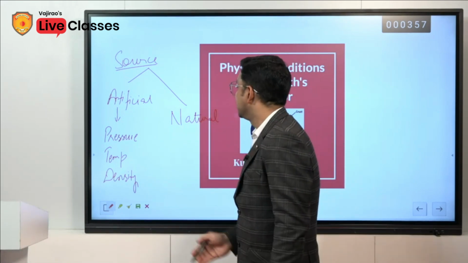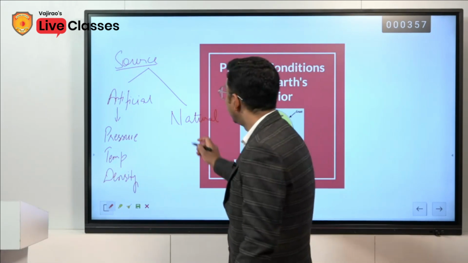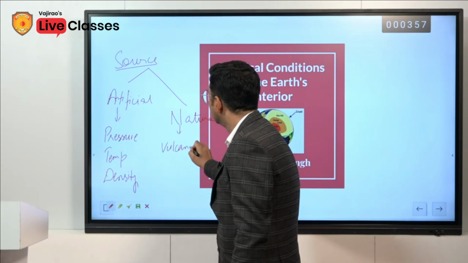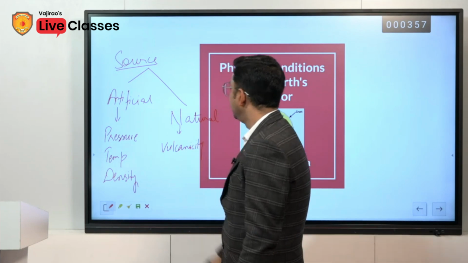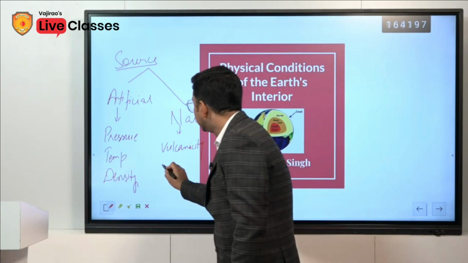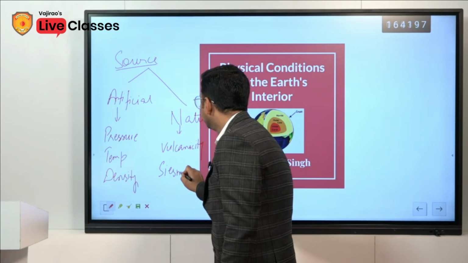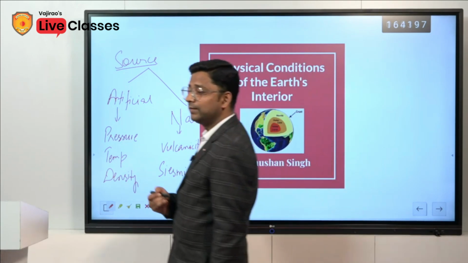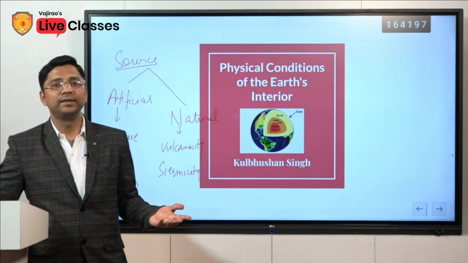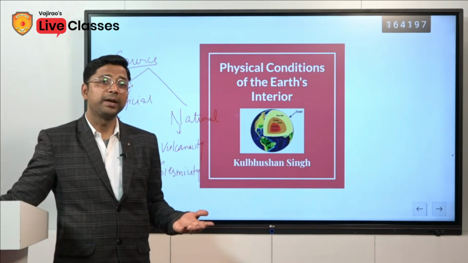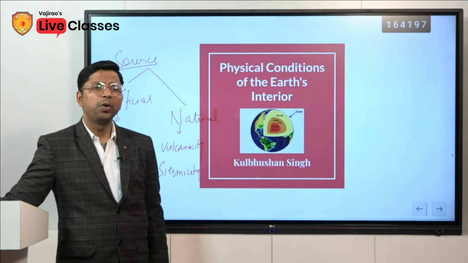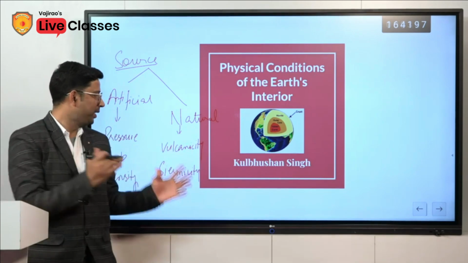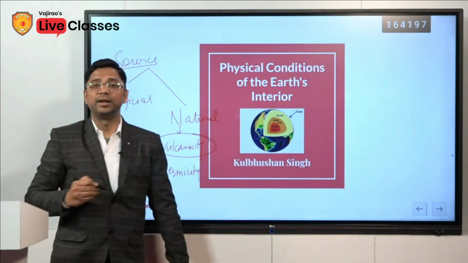There are as well some natural sources. The natural sources include number one, volcanicity and seismicity. The problem attached with volcanicity is that we don't have very nice information with the help of volcanicity.